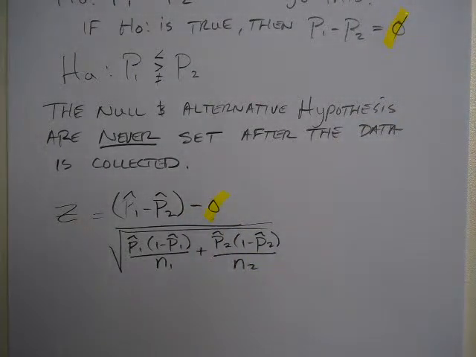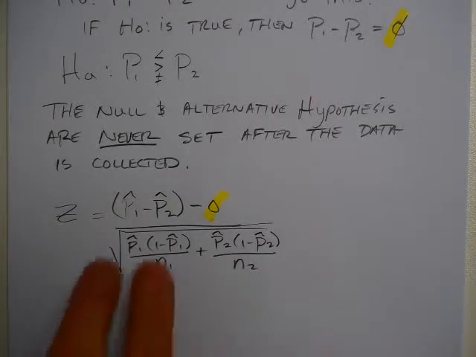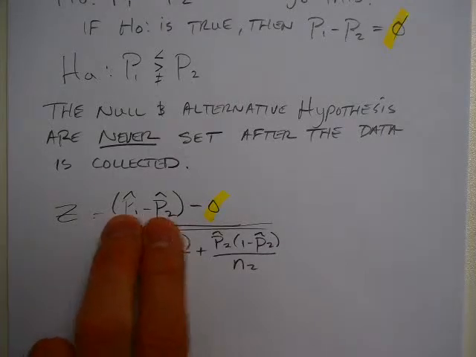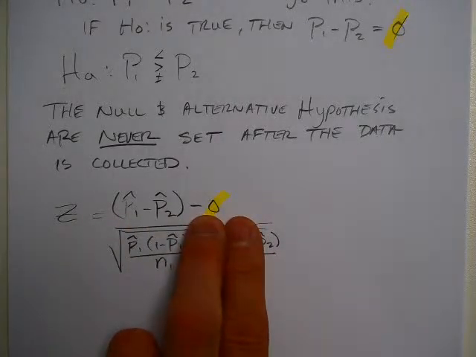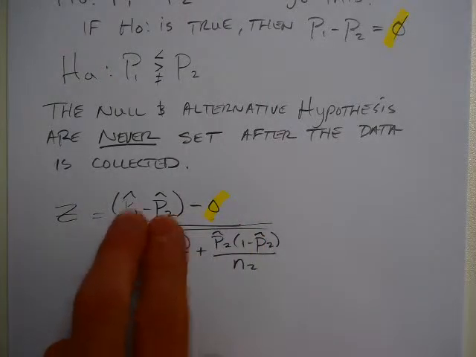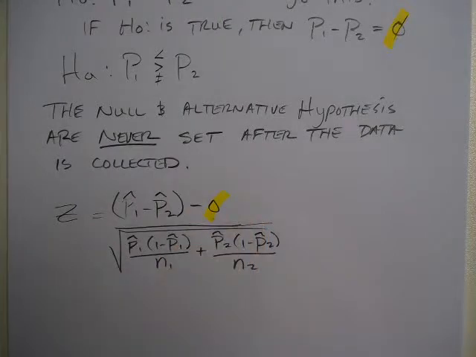Because remember, in the standardizing formula for just a proportion, you have p hat minus p. Well, this is now the difference in p hats, and this is what we will always expect to get when we get the difference in the two proportions. So this is your p hat, this is your p. Yes?